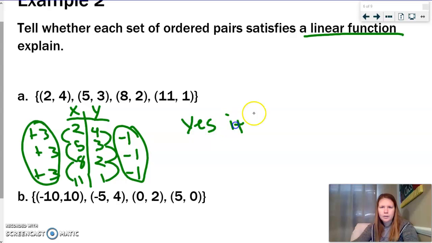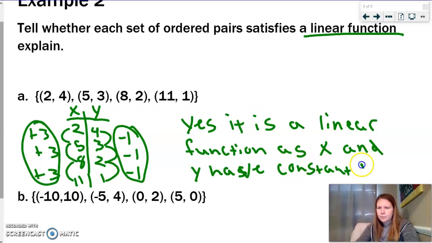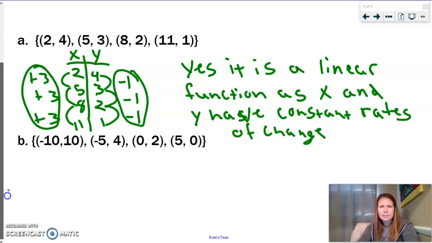Yes, it is linear, since both x and y have constant rates of change, meaning they're being consistent whether I'm adding or subtracting.